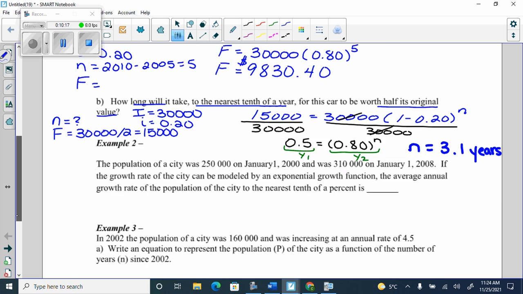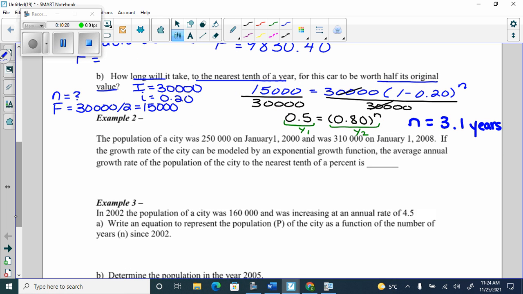So, example 2. The population of a city was 250,000 on January 1st, 2000. Now that could be final or initial. We're not sure. We have to keep reading to figure out if that's where we started or where we ended. So it says the population of a city was 250,000 on January 1st, 2000, and it was 310,000 on January 1st, 2008. So which one is my initial? 250,000.